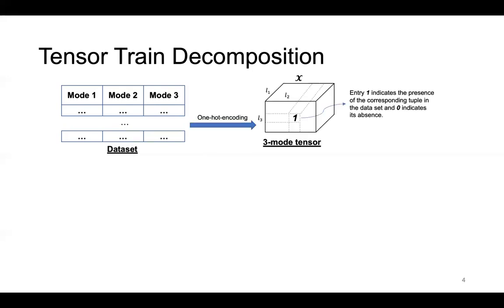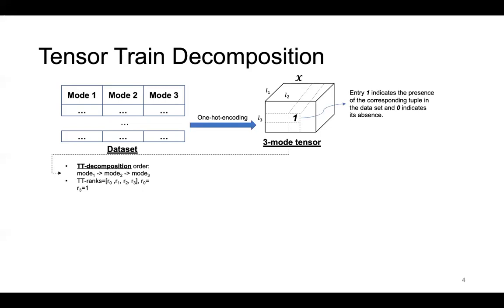Once we have this data set, if we apply an encoding scheme like one-hot encoding, we can generate a related tensor. In this example, the data set has 3 modes, so we can generate a 3-mode tensor. An entry of 1 in this tensor indicates the presence of the corresponding tuple in the data set, and 0 indicates its absence.